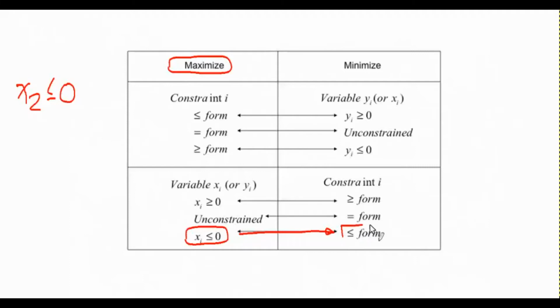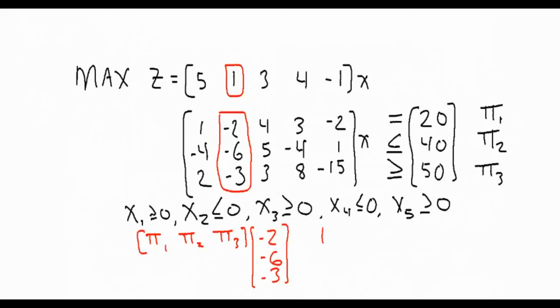The corresponding form for the dual is less than or equal to. So for this constraint, we drop in less than or equal to, which gives the constraint minus 2 pi 1 minus 6 pi 2 minus 3 pi 3 is less than or equal to 1. And that's our second dual constraint.